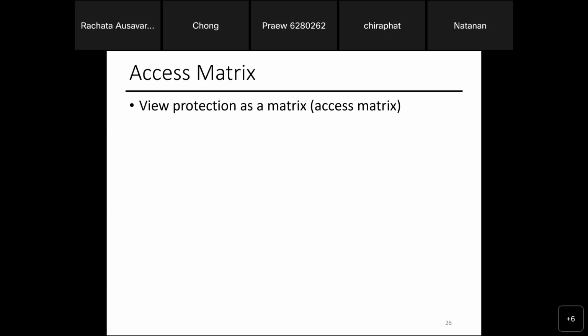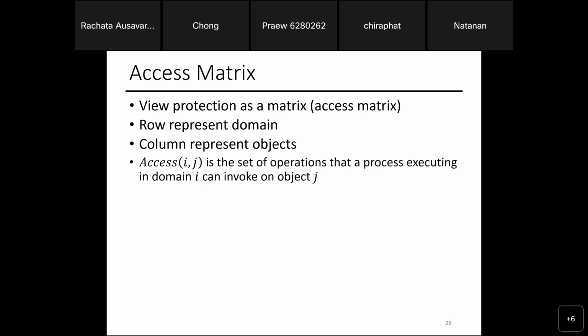We call this the access matrix. The rows represent each domain. So let's say there are 3 users on your computer. User A, user B, user C in a row. The columns represent all the objects in the computer. Now you can have the entry become what are the operations I can do.